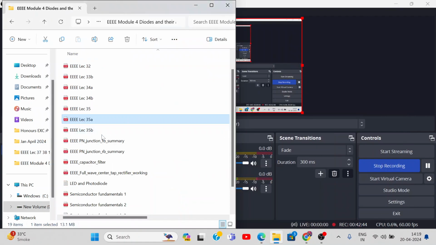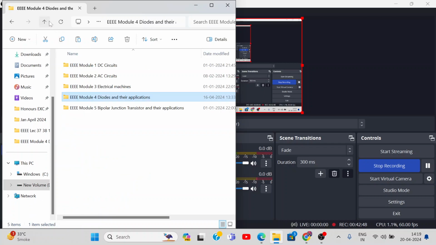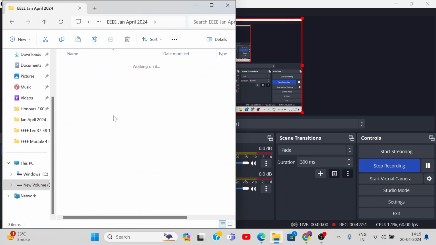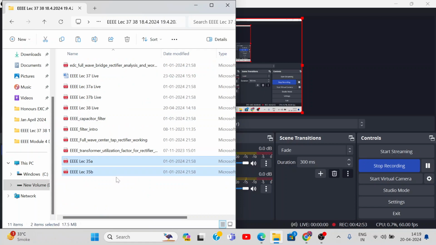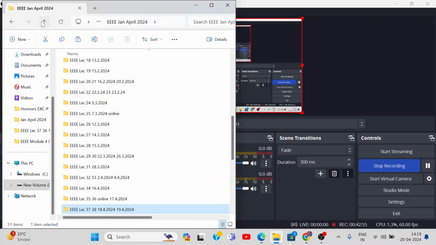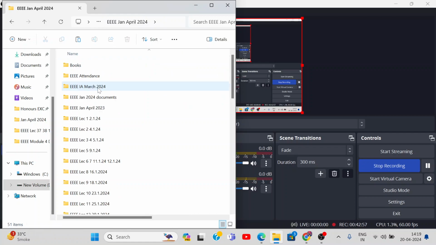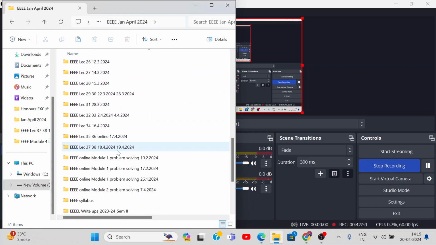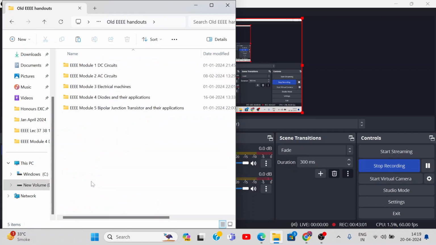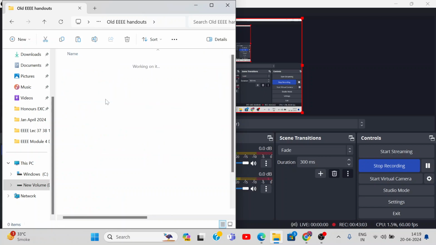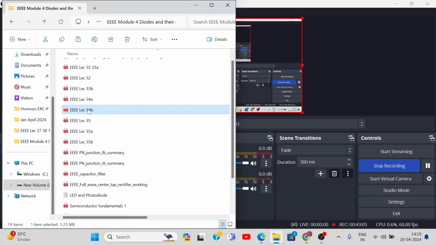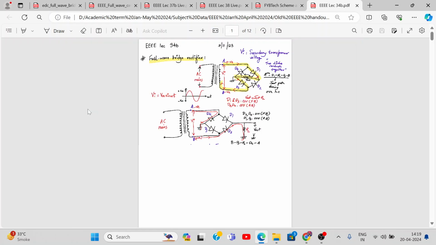This will be required, but let me add it over here and search again. I think it is there in 34. Let me search for a bit, because if I have that PDF, it will be easier to explain the filter topic.